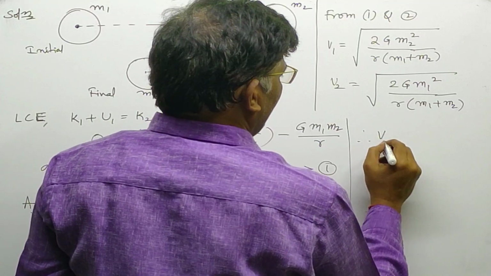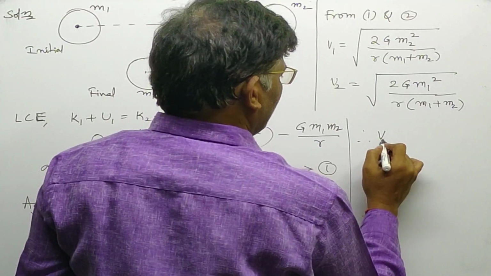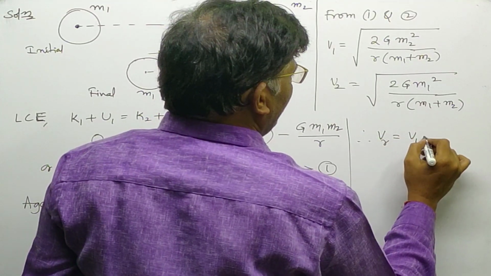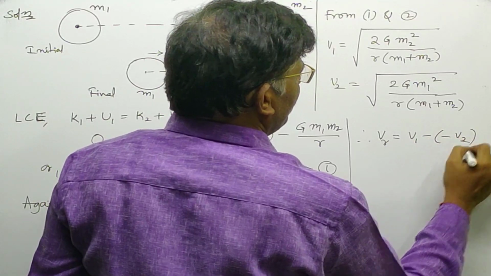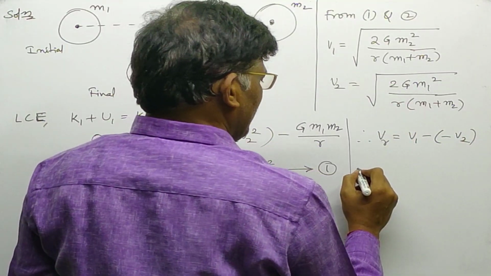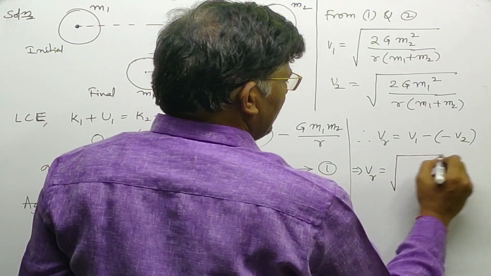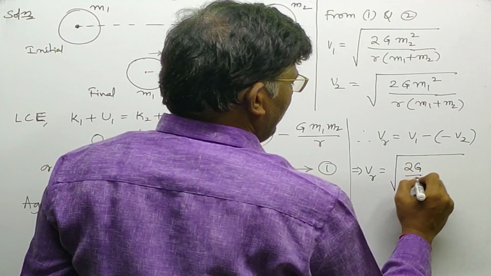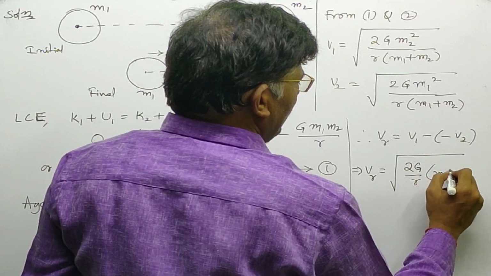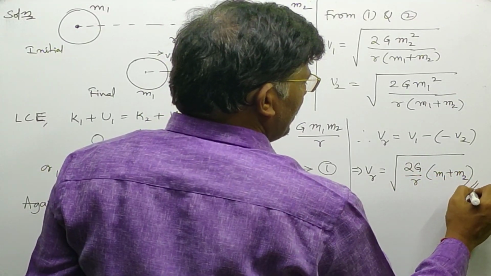Therefore, relative velocity Vr is equal to V1 minus of minus V2, because they are moving in opposite directions. That implies the relative velocity between them is square root of 2g by r into (m1 plus m2). That is the answer.